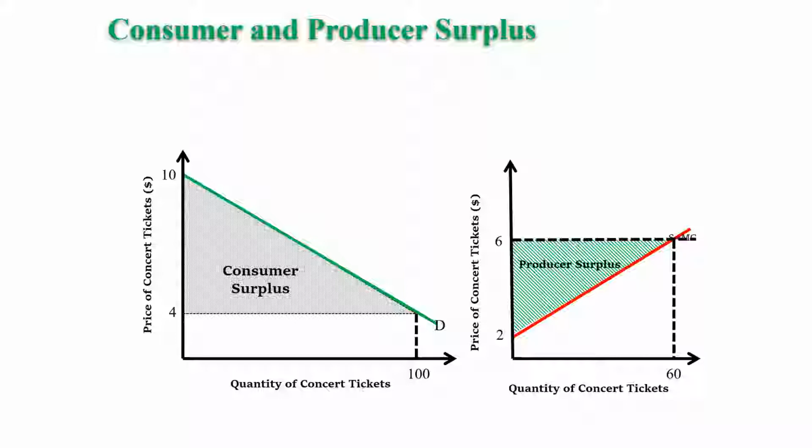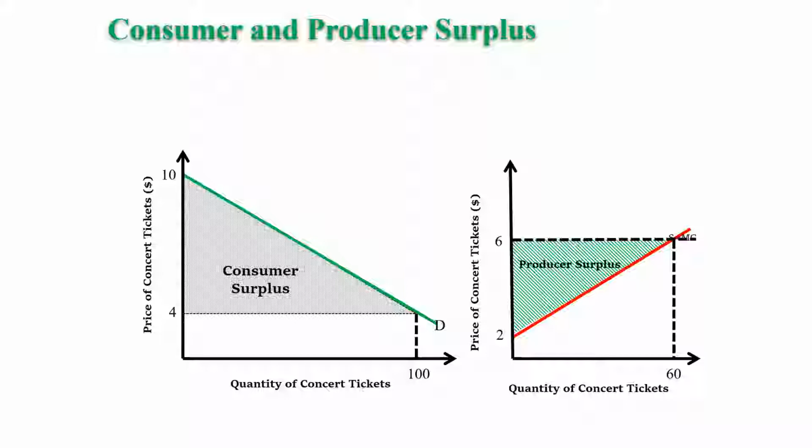If we want to measure the producer surplus here, that is the gain experienced by the producer, all we need to do again is find the area of that triangle. The area of that triangle is half times 6 minus 2, which is 4, multiplied by the base.